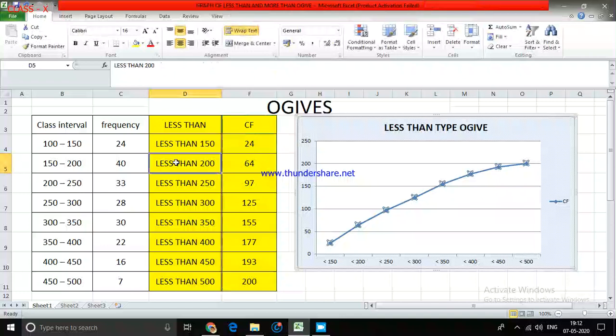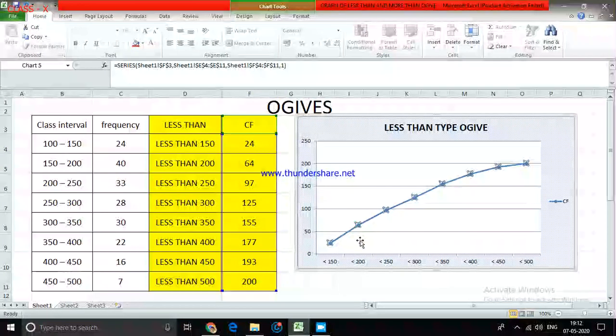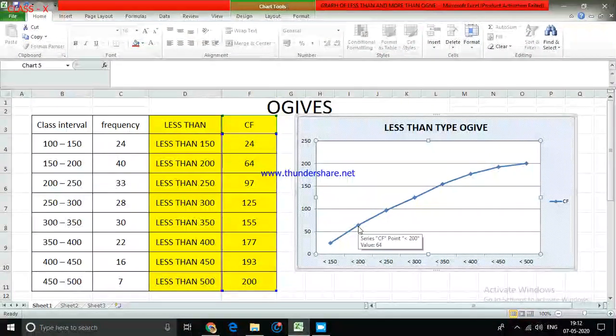Now for 200, what do you have? 64. So at 200, I go to the value 64. If you want, you can see below the cursor, series CF, point is less than 200, value is 64.